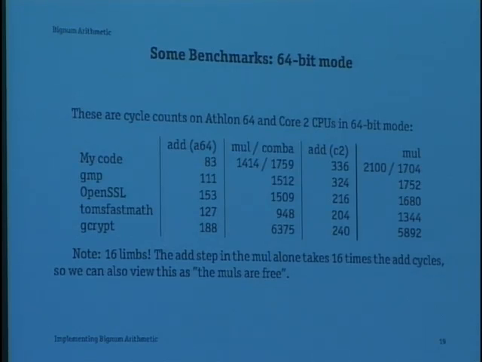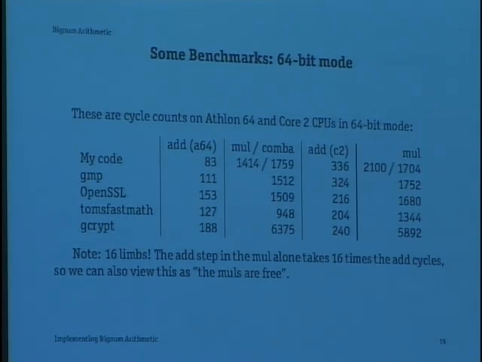About a week ago, I got this new notebook here, and it's a Core 2 Duo. And this is something most assembly programmers will be familiar with: you write this great assembly code and it outperforms everyone, and you put it on a different machine and then it's slower than everyone, right? So this is exactly what happened to me.